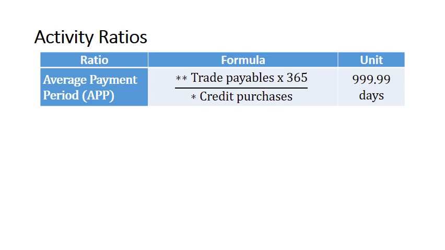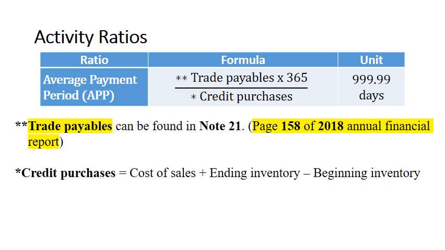Your answer is given in the format of 999.99 days, 2 decimal places. Trade payables can be found in note 21. Please refer to page 158 of the 2018 annual financial report. You can find the trade payables there.